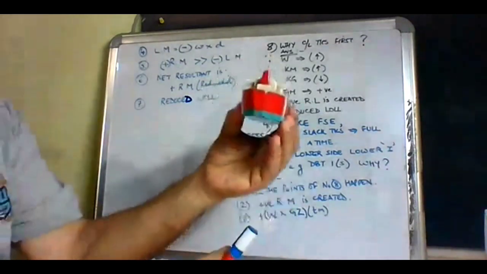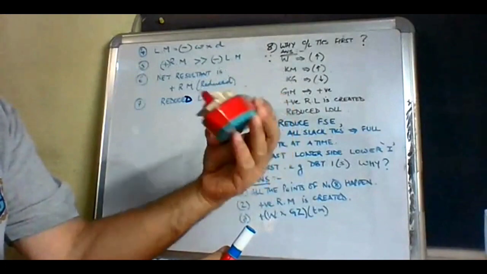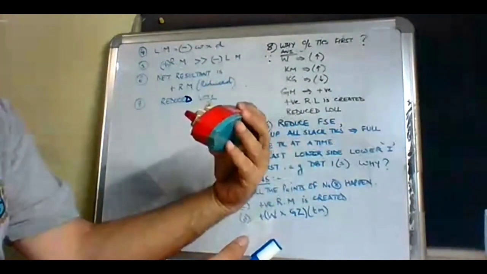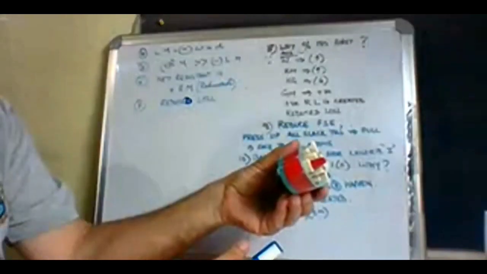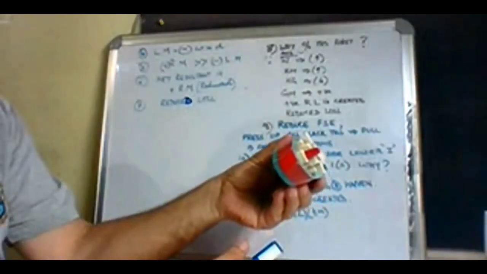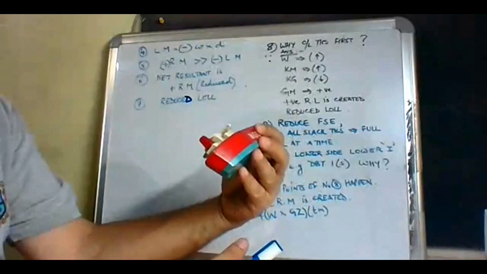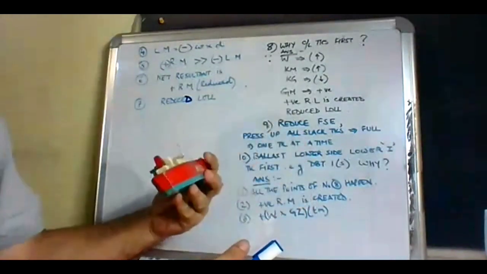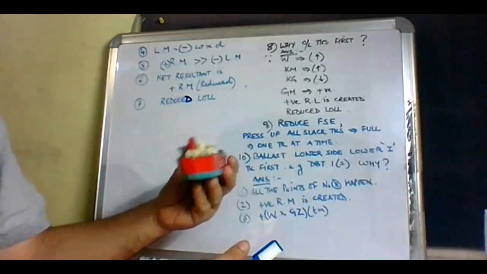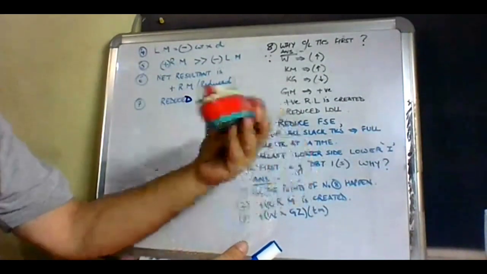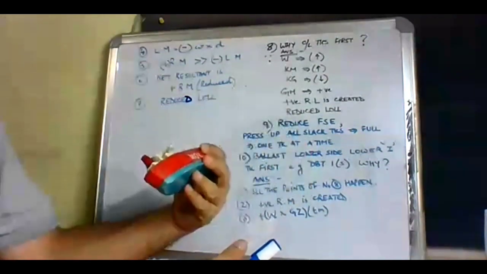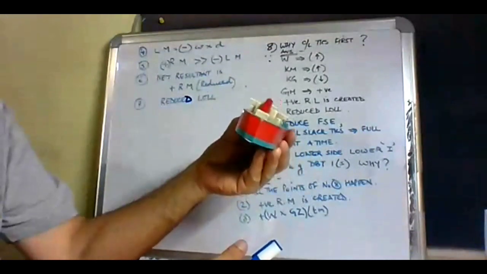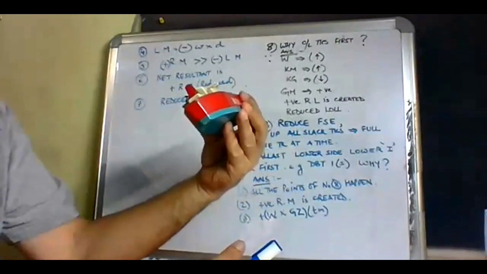Had I ballasted one port first, my positive righting moment, my positive listing moment, both would have been positive. Since both are positive, both would have landed up on this side, and my vessel would have crossed over onto the port side.